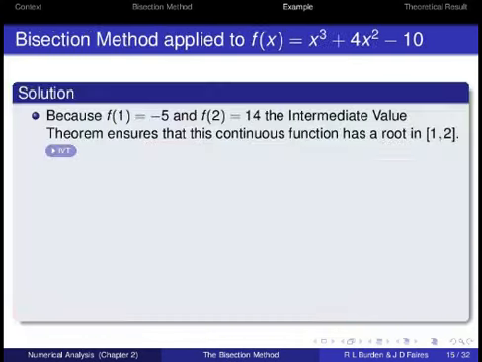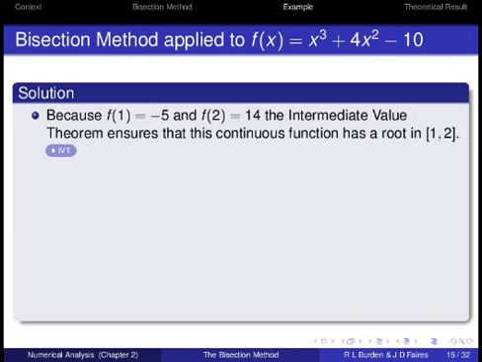The first step is that we start our example, and our starting point A is 1 and ending point B is 2. So we check whether the function has opposite signs or not. f of 1 is minus 5 and f of 2 is 14, after applying these values into the function x cubed plus 4x squared minus 10.